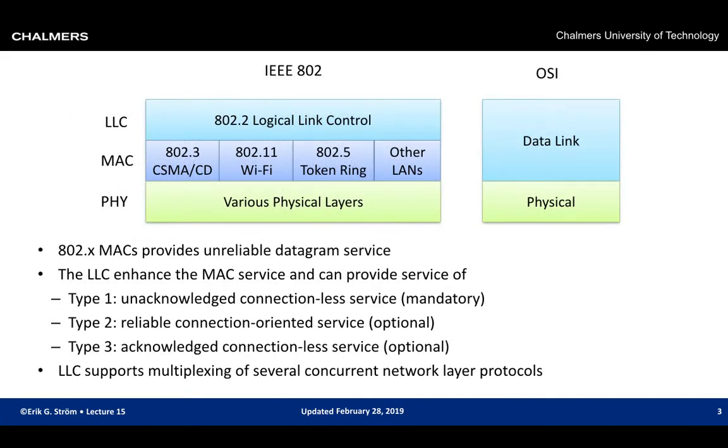So let's go in and talk about some practical protocols here. If you remember the OSI stack, the lowest layer is the physical layer, and then there is the data link layer. And then on top of that is the network layer and so forth. But we are concentrating now our discussion on the data link layer in the OSI model.